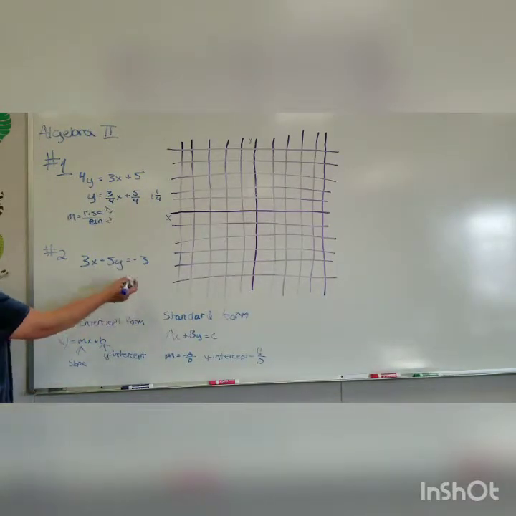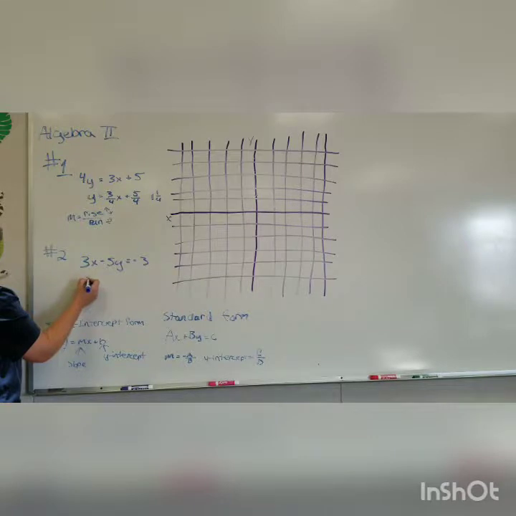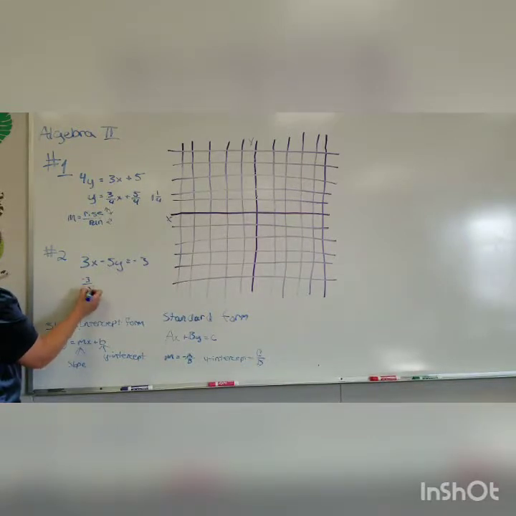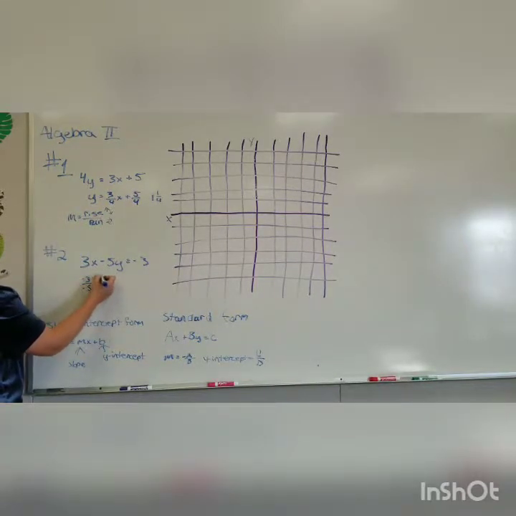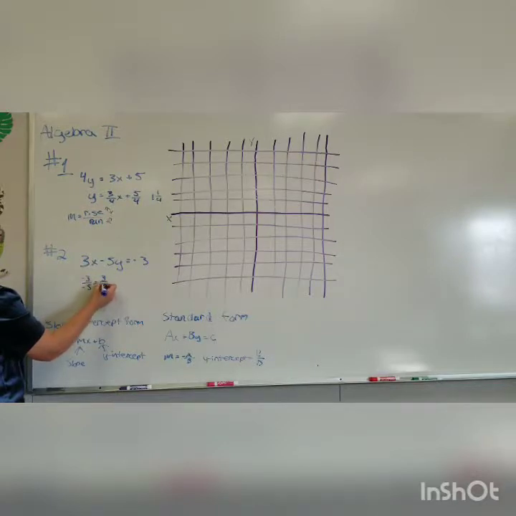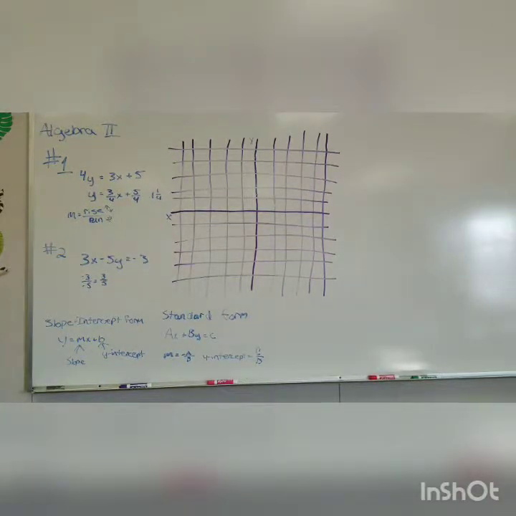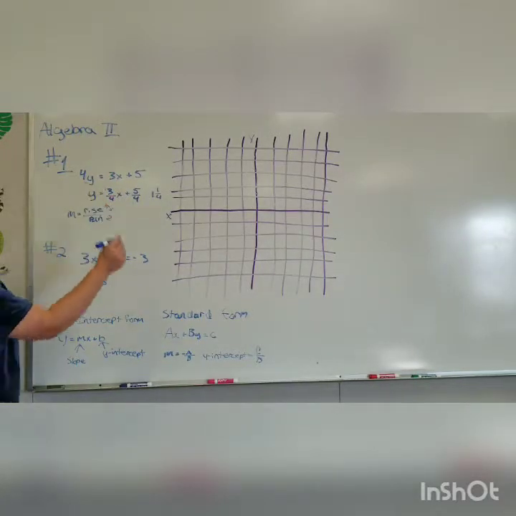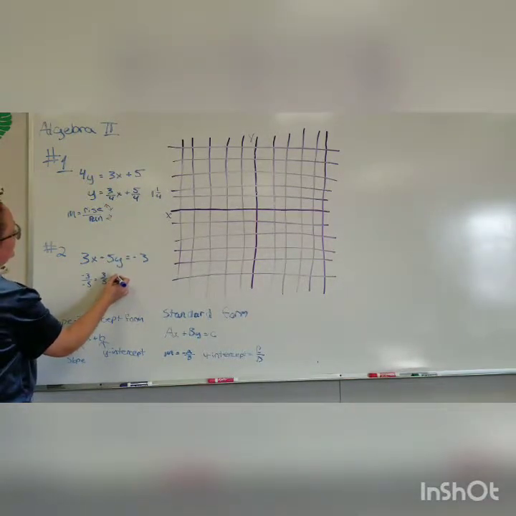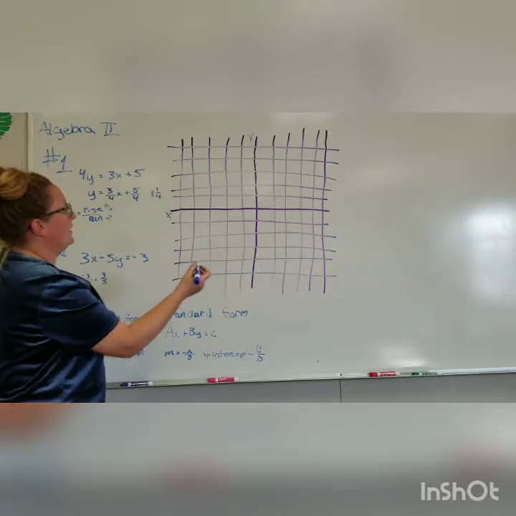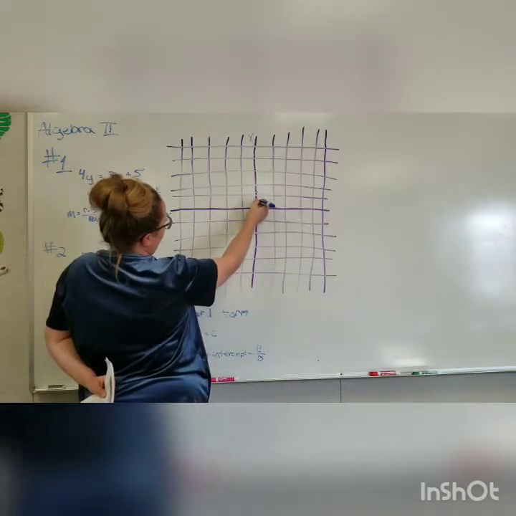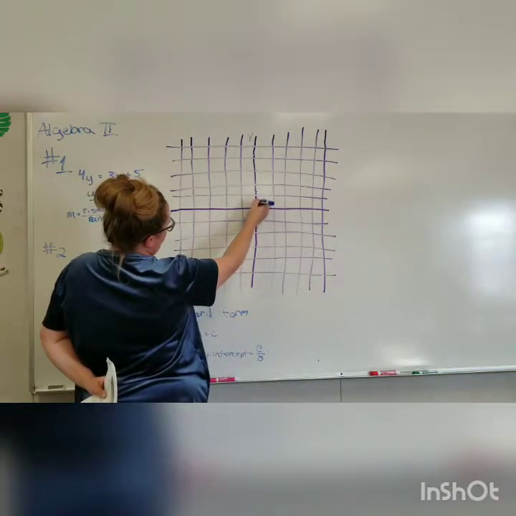In this equation, c is negative 3, and b is negative 5. Negative 3 over negative 5 is positive 3 over 5. All right, so this line goes through the y-axis at 3/5. So not quite 1. If you separate this into 5 pieces, the third one would probably be right here.